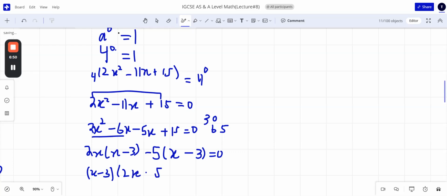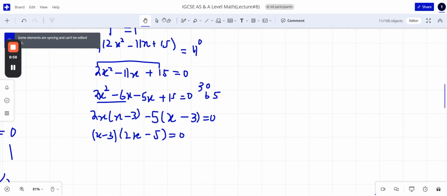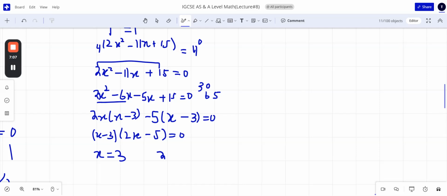2x minus 5 equals 0. Then we will put both the factors separately equal to 0. So here we will get x equals 3, and on the other side it would be 2x equals 5.